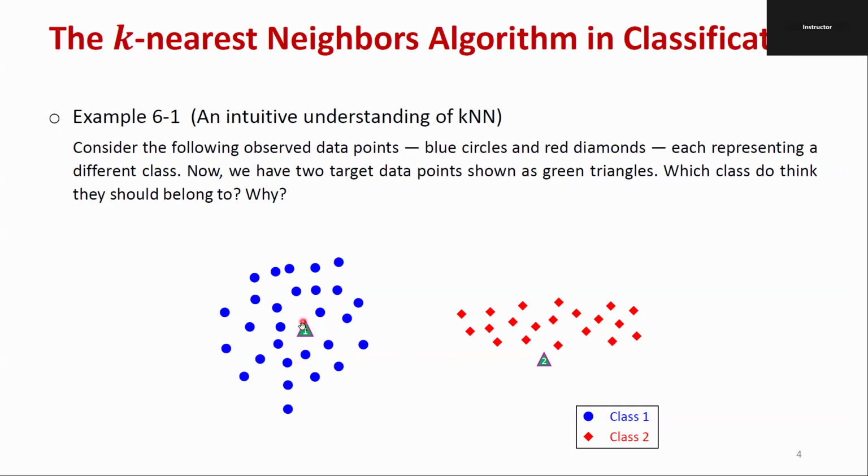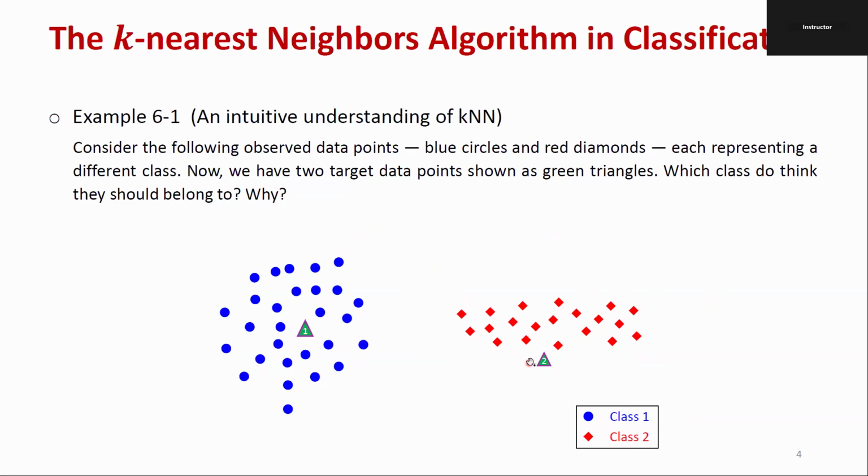Target data point one is surrounded by so many blue points, so it should belong to the blue class, class one, because those blue training points are class one points. Similarly, target data point two is close to or around those red diamond points, and since red diamonds are class two, I should classify target data point two as class two.